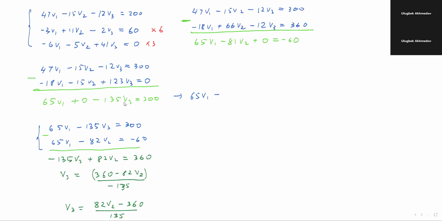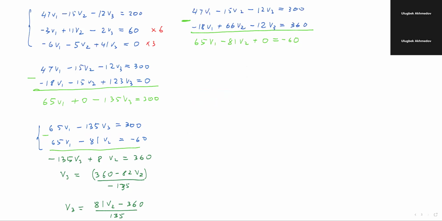Why is it 82? It's 81. Yes, it is 81. Now we have to look at where we could plug in V3. If you plug into this one, we're going to get this equation, which is not what we want. We want to get a new equation.